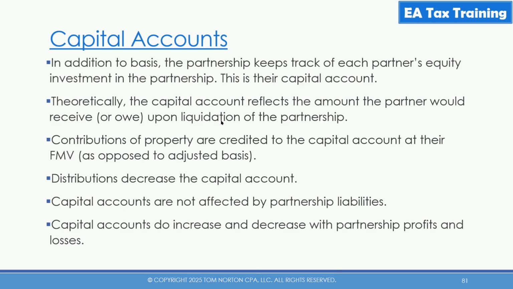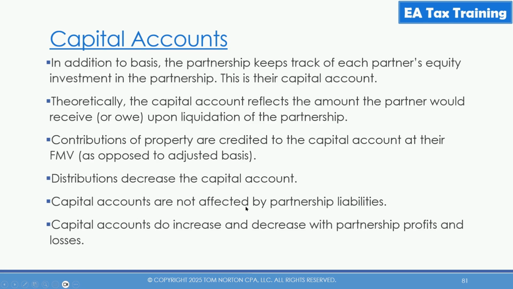It is their equity. Contributions of property are credited to the capital accounts at their fair market value. So remember, for basis, contributions of property were credited to basis at the adjusted basis of the property contributed. But for capital account purposes, it is the fair market value of the property contributed, not the basis. Distributions decrease the capital account just like they do with basis. Capital accounts are not affected by partnership liability.